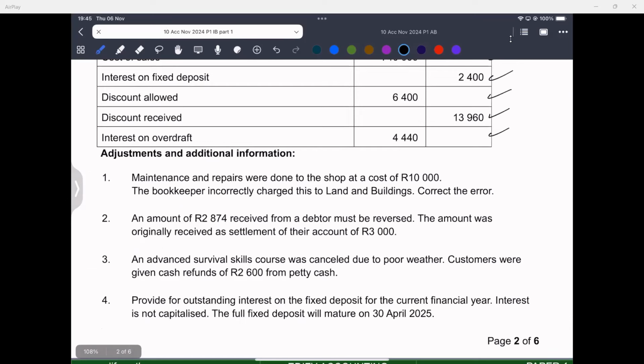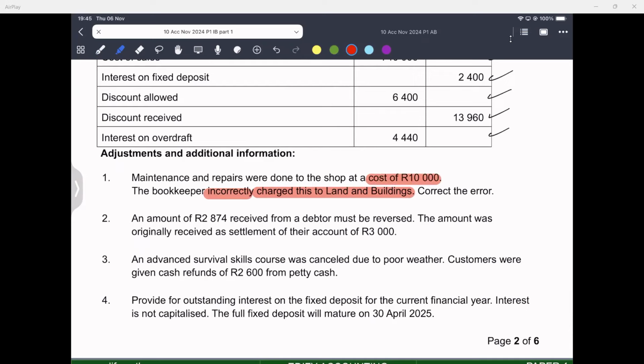I am going to go straight into the adjustments and additional information. Now, the first adjustment says that the maintenance and repairs were done to the shop at a cost of 10,000 rand. And the bookkeeper incorrectly charged this to land and buildings.